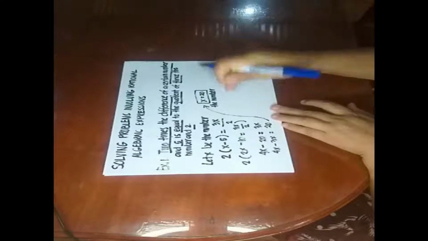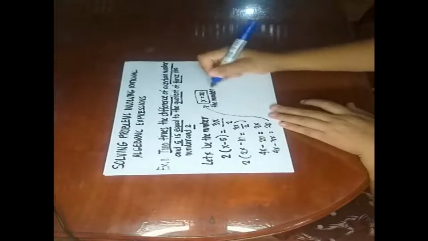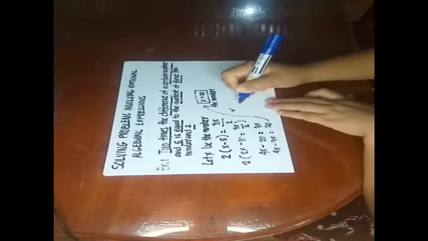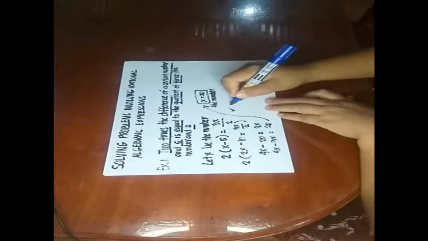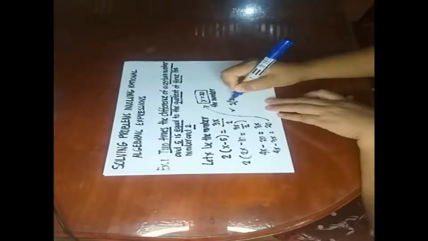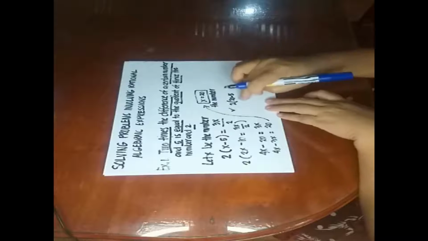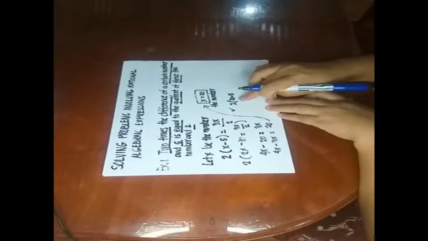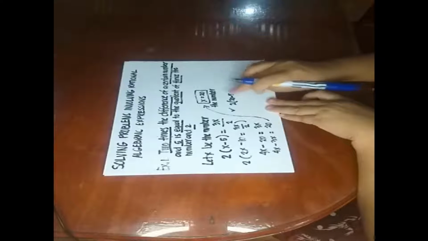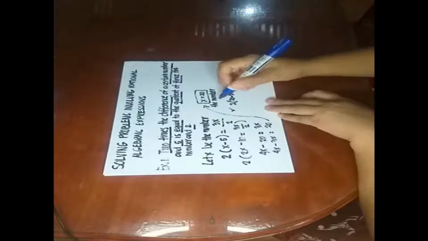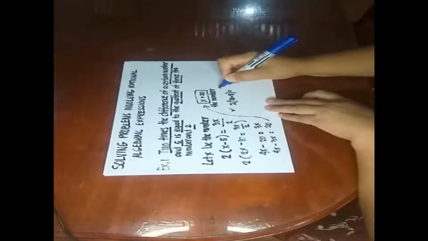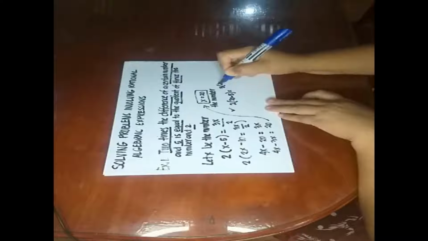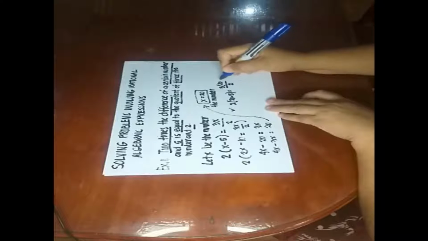To check, 2 times 20 minus 5. All you have to do is substitute x. x equals 20, so 20. Then 3 times 20 over 2.